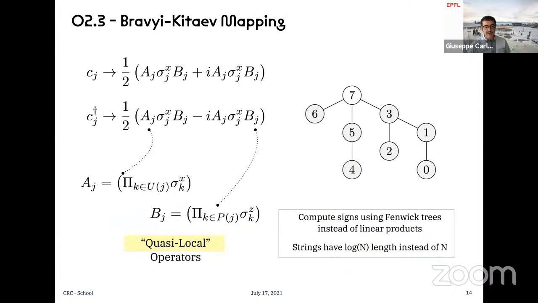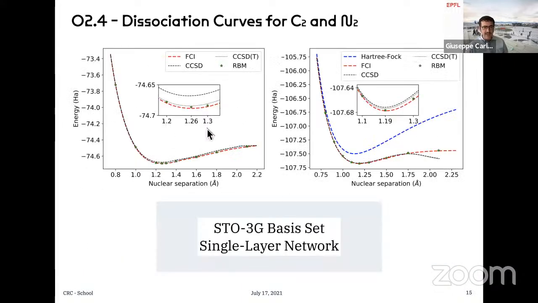But just to give you an idea of the applications, we can use this, for example, to study molecules. So, the prototypical fermionic systems. So, for example, these are diatomic molecules, so carbon and nitrogen. And you can see these are the dissociation energies when you pull apart these carbon atoms or these nitrogen atoms.